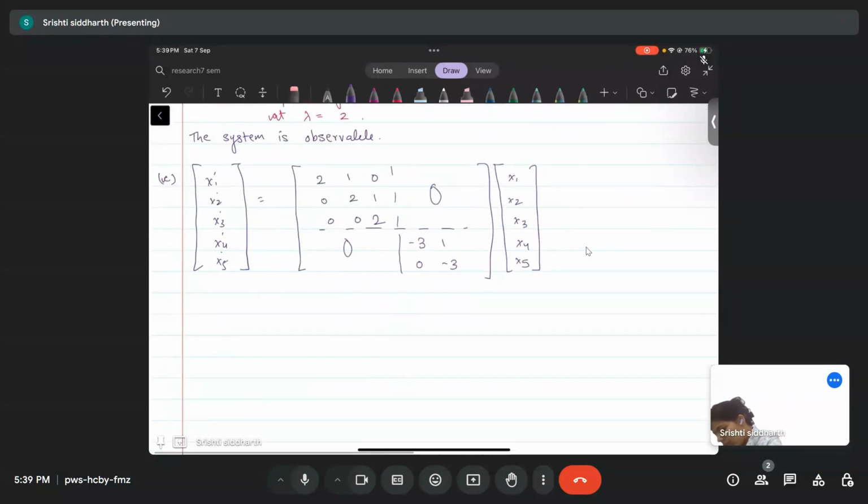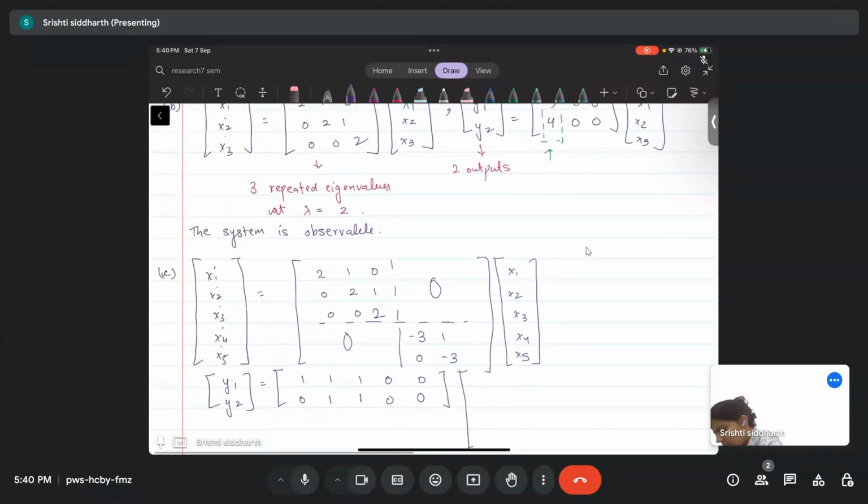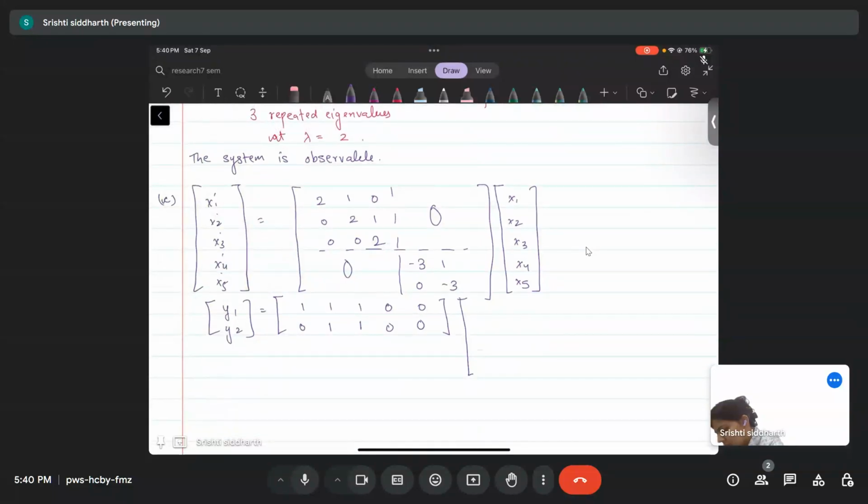And now we need to talk about the measurement. We have two outputs available to us. So let's write them down: 1, 0, 1, 1, 1, 1, 0, 0, and 0, 0, times x1, x2, x3, x4, and x5.